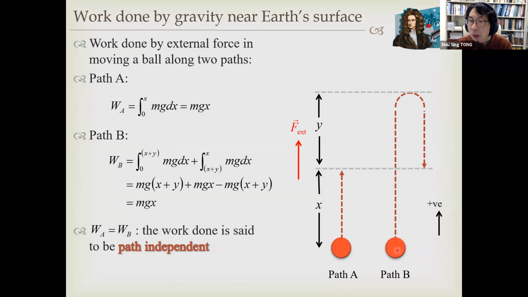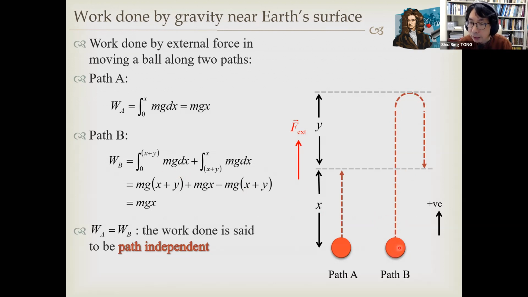But now, instead of moving it directly to the final position, we first move the ball to a height x plus y. We overshoot the final position by an additional height of y. We go to that high level, and then we move back to its final destination. So what will then be the work done through this path? Well, we have to divide the integration into two paths.